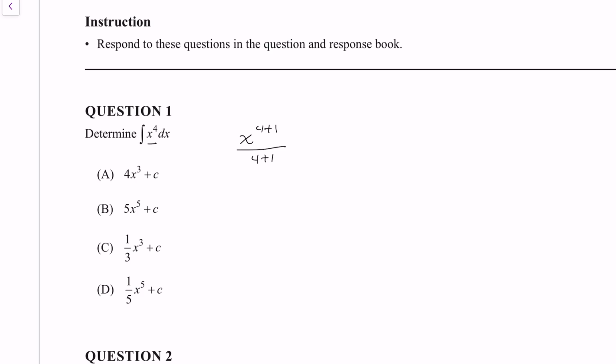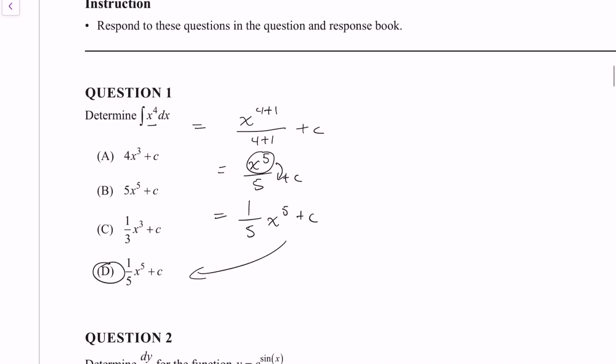And we always need to remember our plus c. So that's going to equal x to the power of 5 over 5 plus c, or in other words, 1 over 5 x to the power of 5 plus c, which clearly matches D, which is our answer.